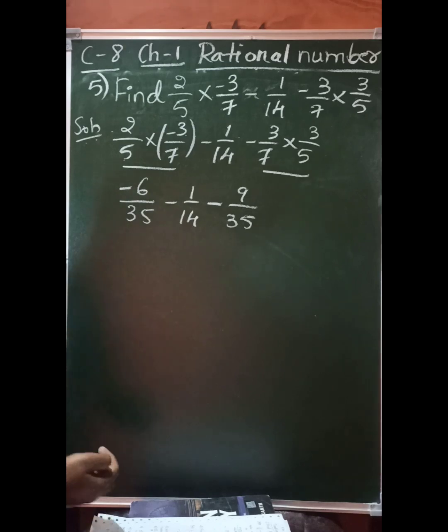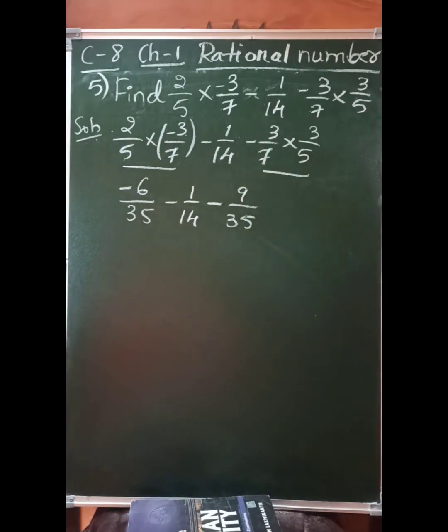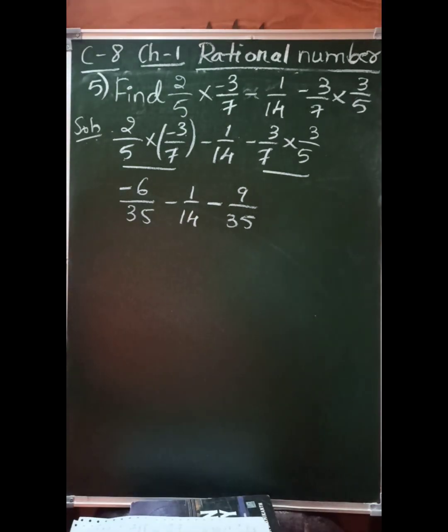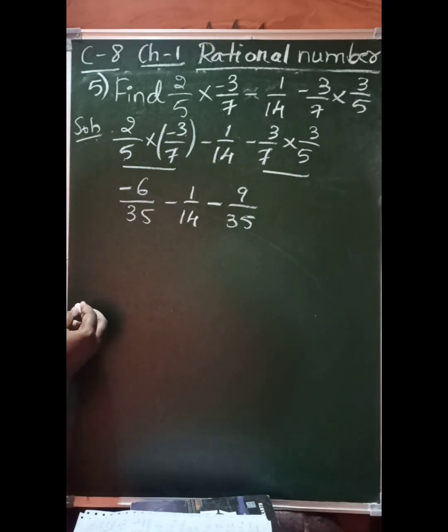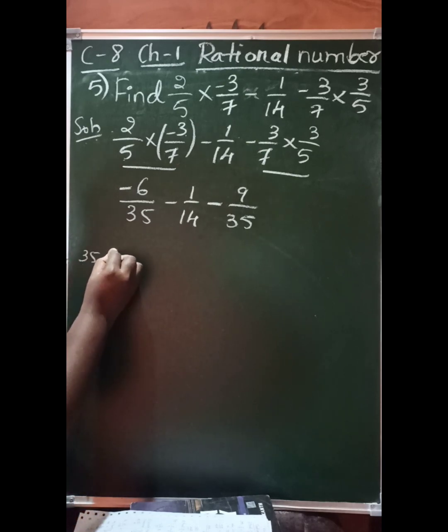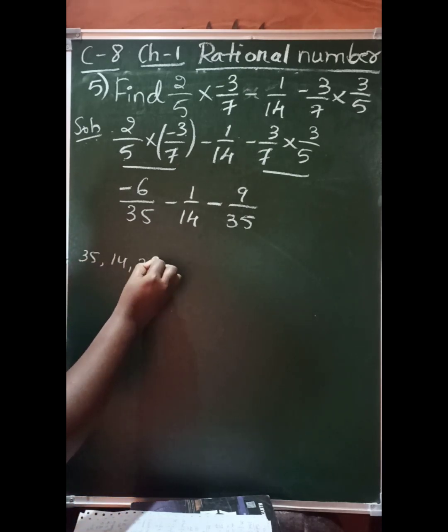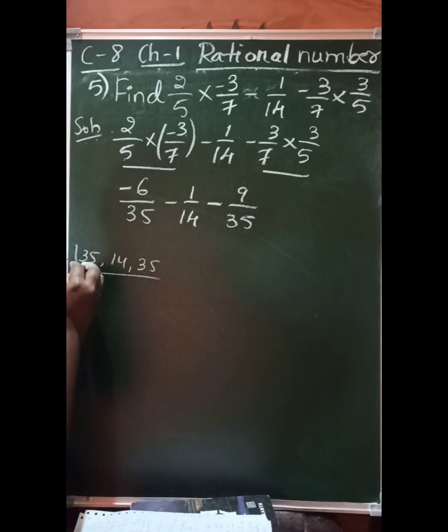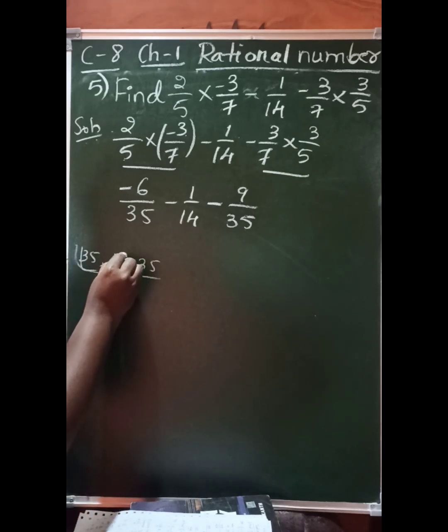Now take the LCM of all the three. What you will get? As I told you how to find out the LCM, consider all the numbers 35, 14, 35. So consider the number which can divide all or any two.